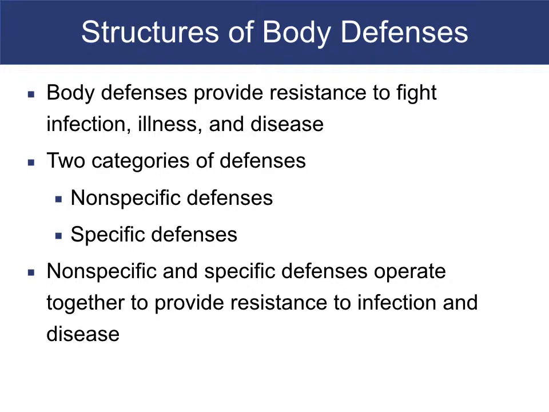Other diseases that we try to fight but we can't do very well, we really need our specific defenses. And one of those would be the common cold or the influenza virus. And those viral cells start killing off our cells. That's what gives us a sore throat and makes us feel really crummy. And we're going to really have a struggle with that disease.